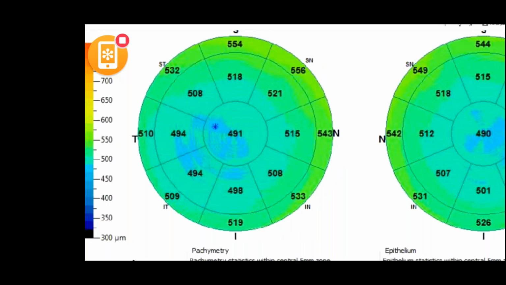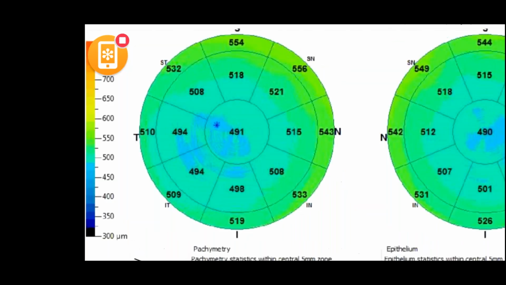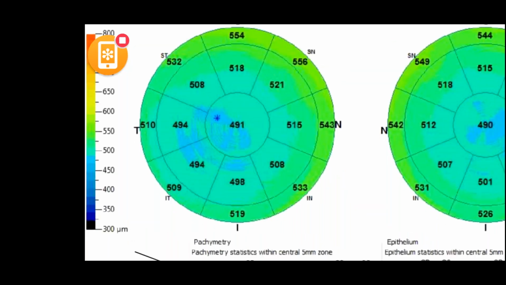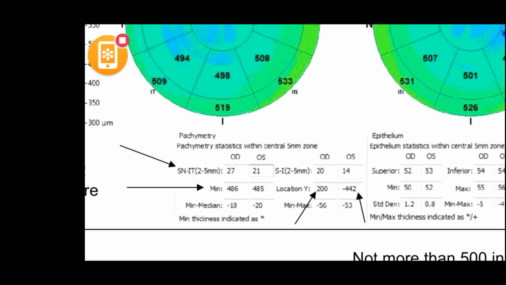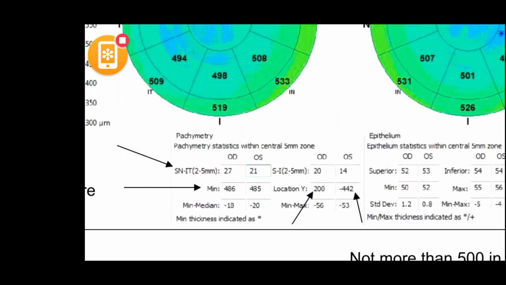So what we are looking at is basically how thin the cornea is. You got to go into the readings over here. The first arrow over here is the SN and ST difference. SN and ST means superior nasal and inferior temporal.